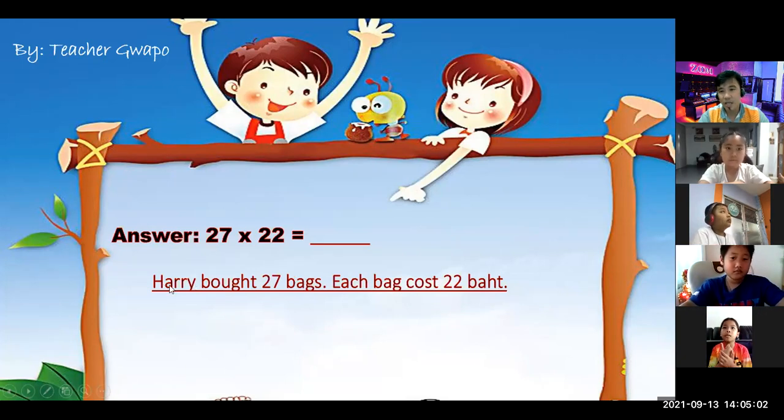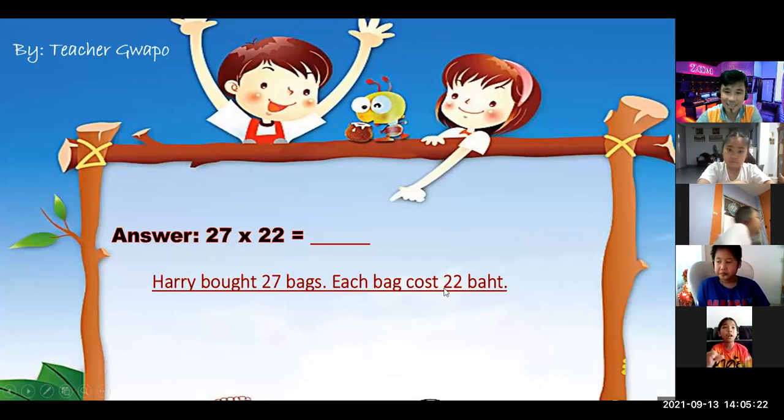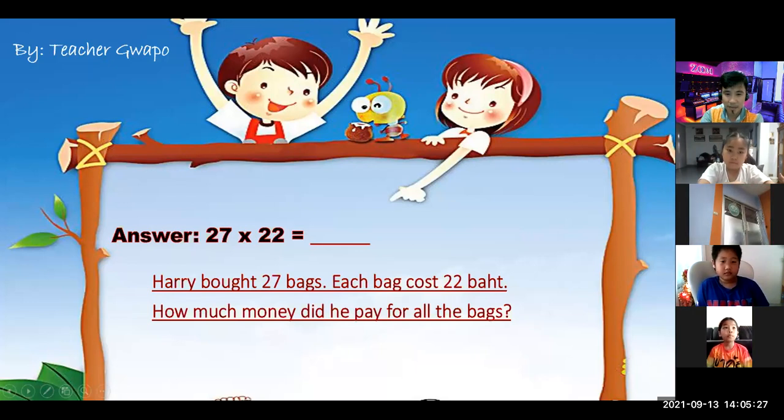Instead of Harry, you can use the name of your friend, for example, Canning. Canning bought 27 cell phones, and each cell phone costs 22 baht. So you can change the name, and you can change the items or the number of items.